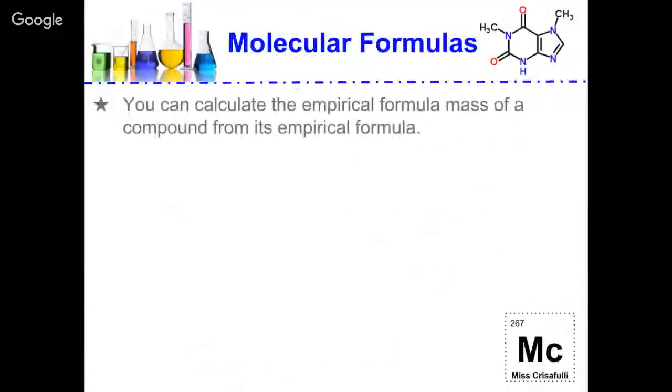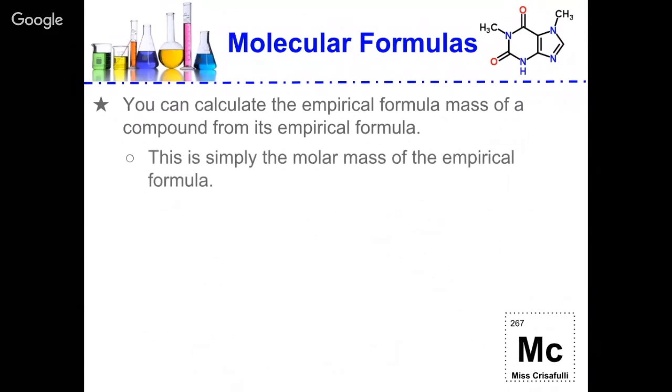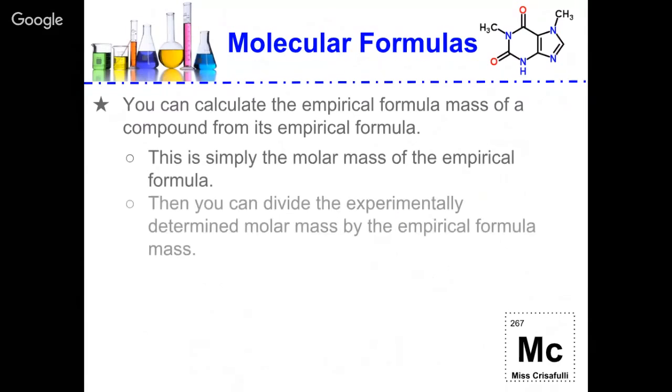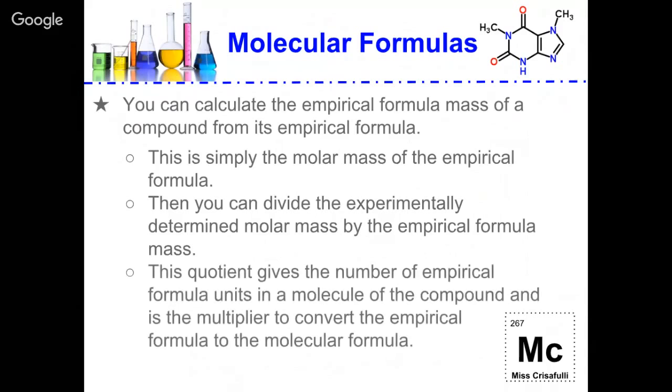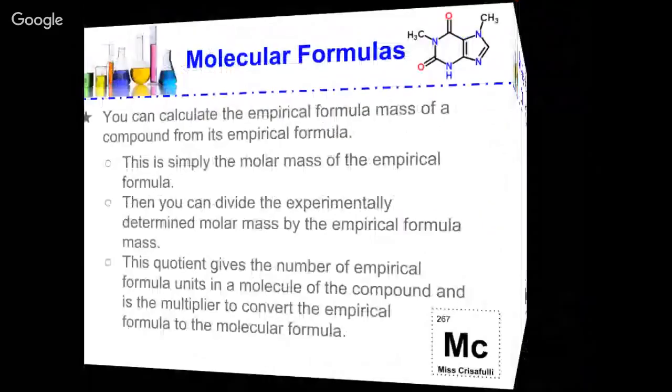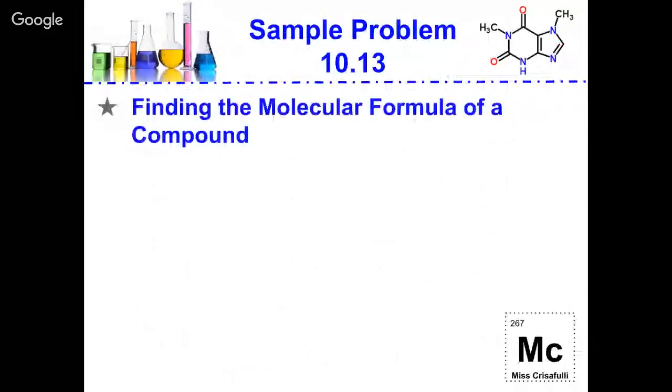So you can calculate the empirical formula mass of a compound from its empirical formula. Then this is simply the molar mass of the empirical formula. Then you can divide the experimentally determined molar mass by the empirical formula mass. And the quotient is going to tell you what the multiplier is that you need to multiply your empirical formula by to get your molecular formula. That does not make any sense, so let's do a problem.